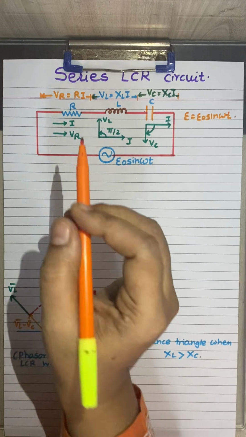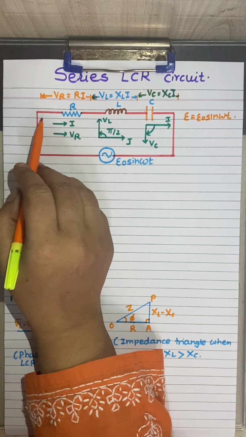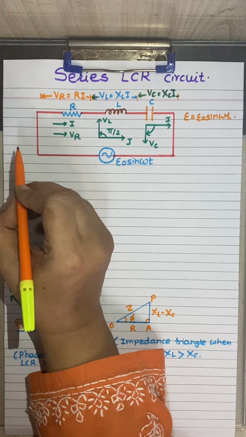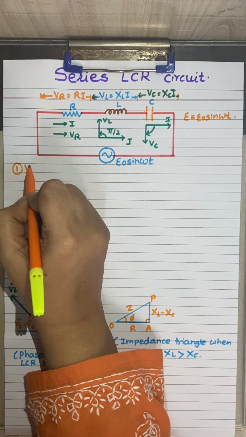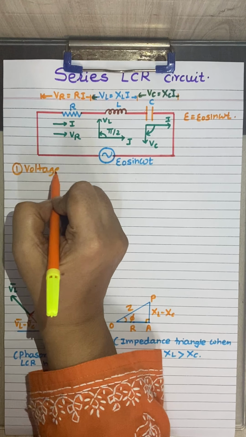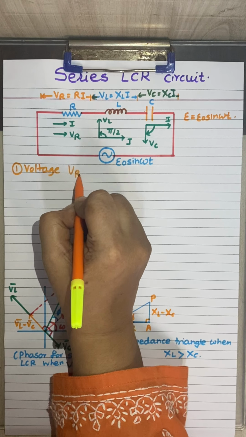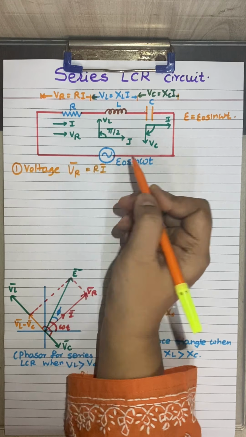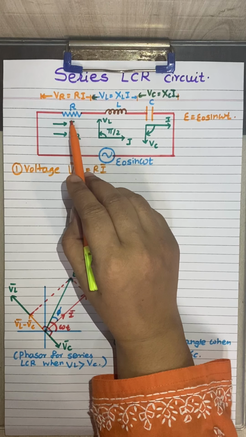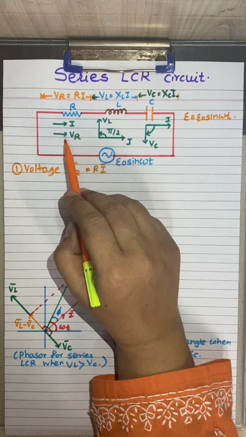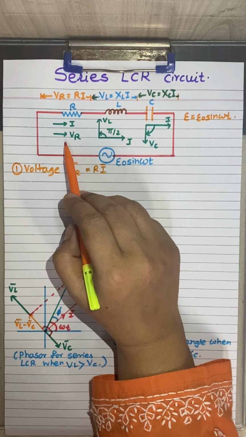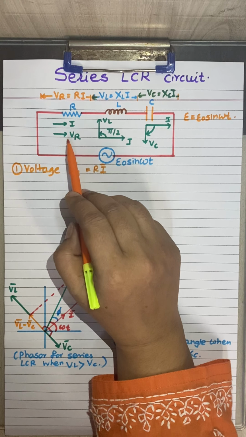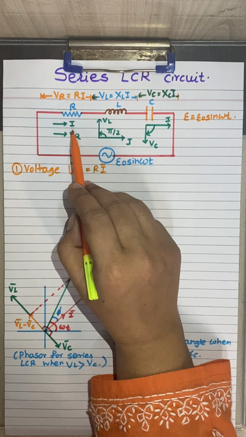If the current I is passed through this series circuit at any instant, then the voltage across the resistor is VR is equal to RI. The voltage across the resistance R will be in phase with the current, so phasors VR and I are in the same direction as shown in the diagram.